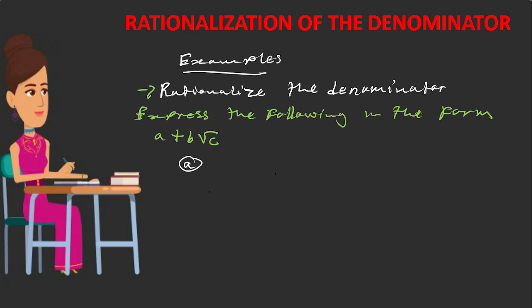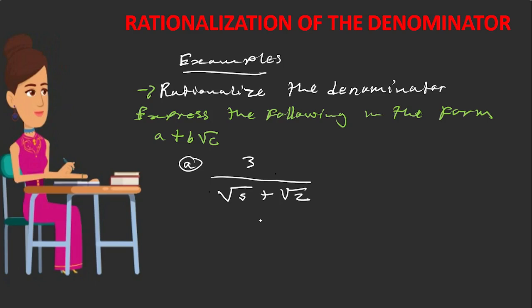Okay, so let's quickly look at the example. The example we have is 3 over square root 5 plus c square root 2. So here is my approach. Okay, so I'll rewrite it as my solution.